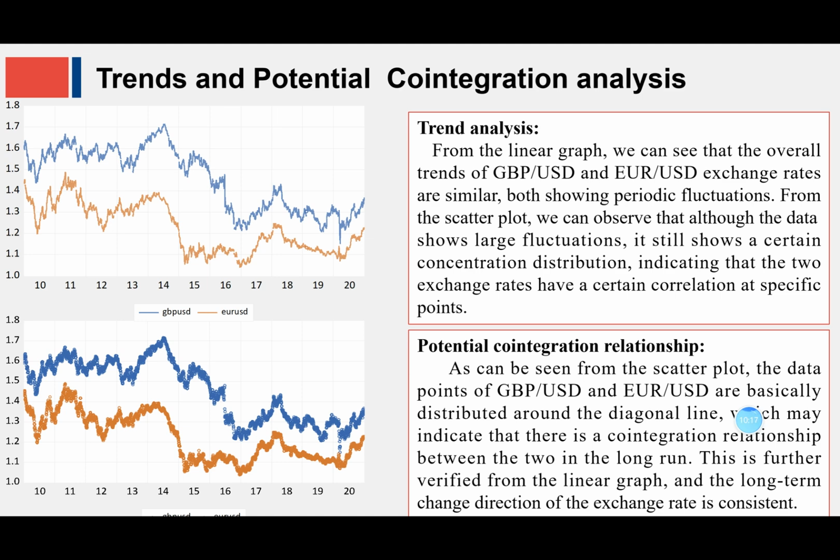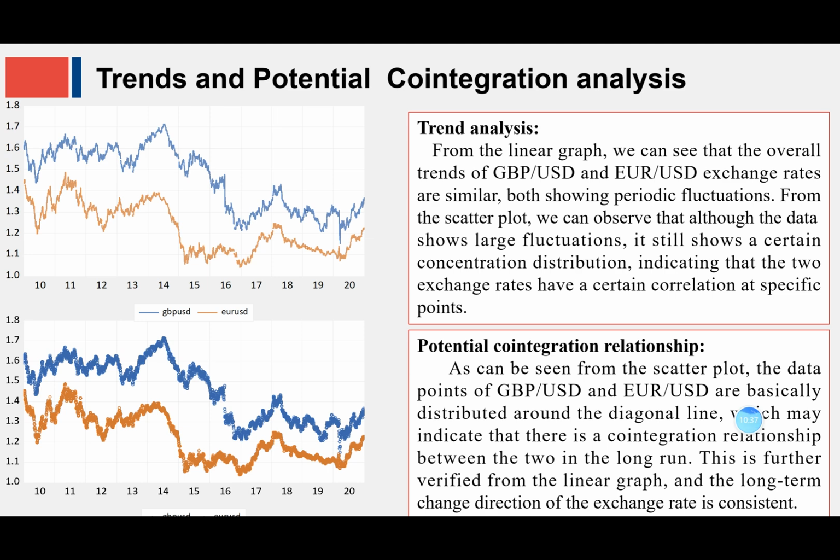From the scatter plot, we can observe that although the data shows large fluctuations, it still shows a certain concentration distribution, indicating that the two exchange rates have a certain correlation at specific points.